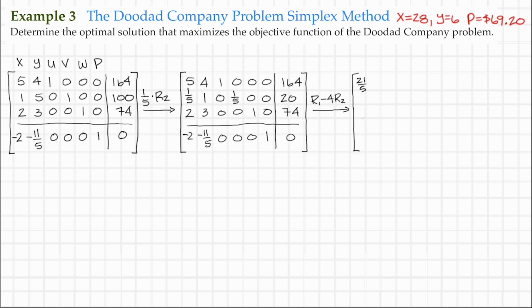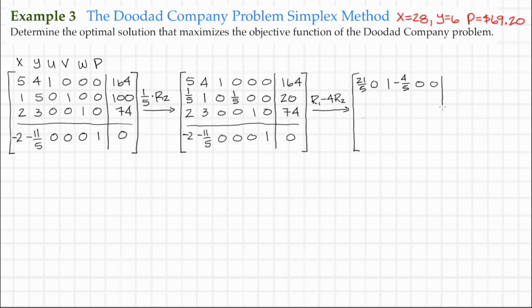1 times 4 is 4, and 4 minus 4, that's 0. That's the whole idea, right? 0 times 4, this winds up being 1. 1/5 times 4, that's 4/5. 0 minus 4/5, that's negative 4/5. This winds up being 0, then 0.